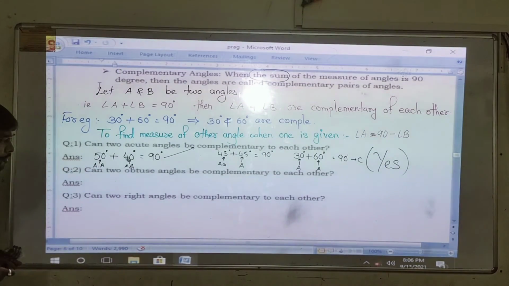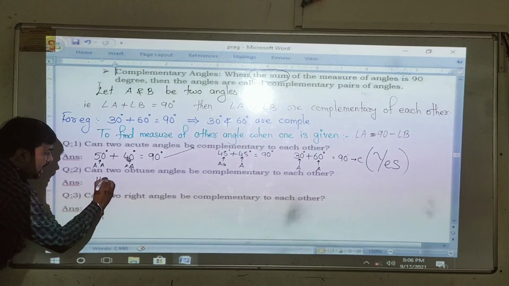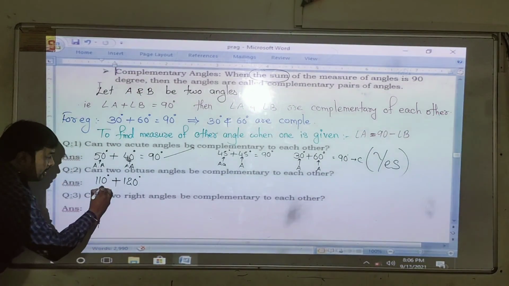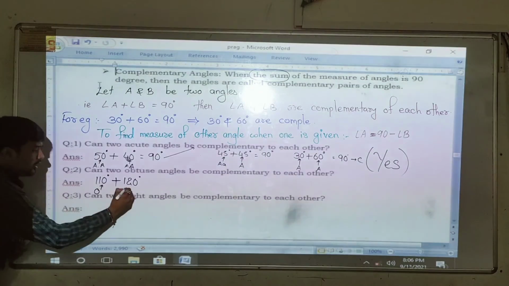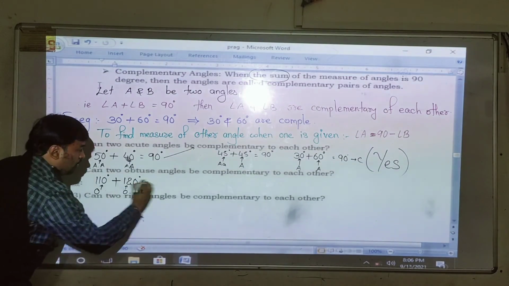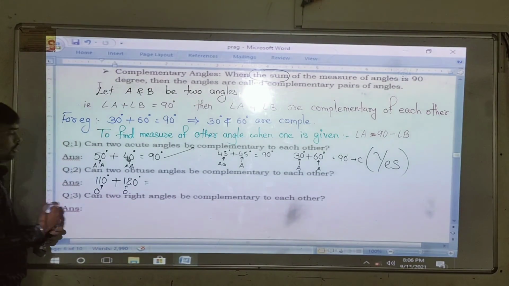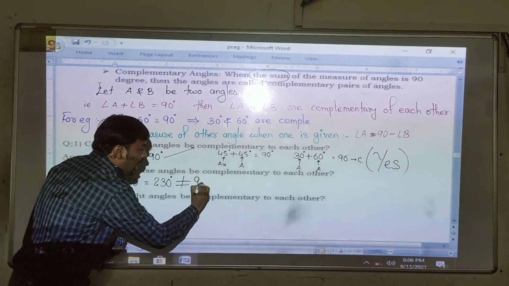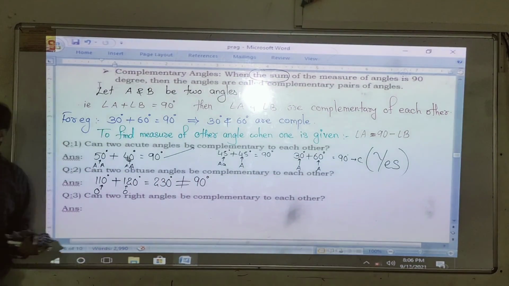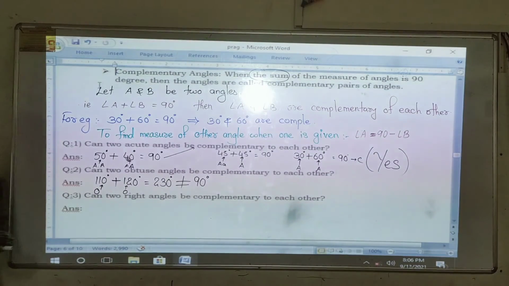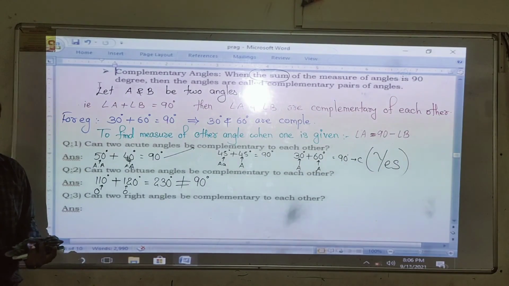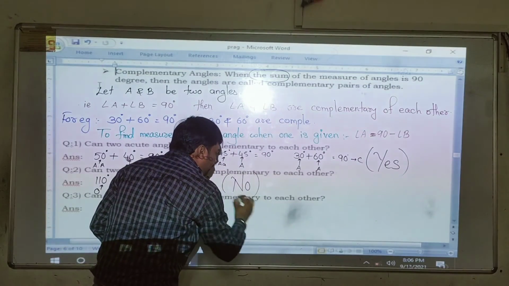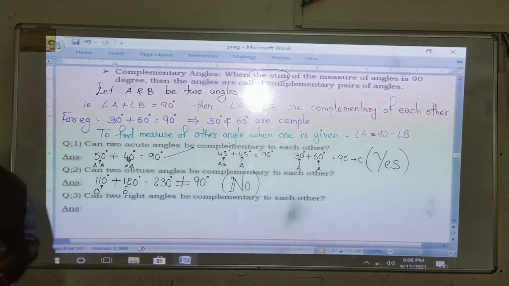Let's take a few examples. 110 plus 120. What will be the total? 230 degree, which is not equal to 90. So it won't form complementary angles. So the answer is no.